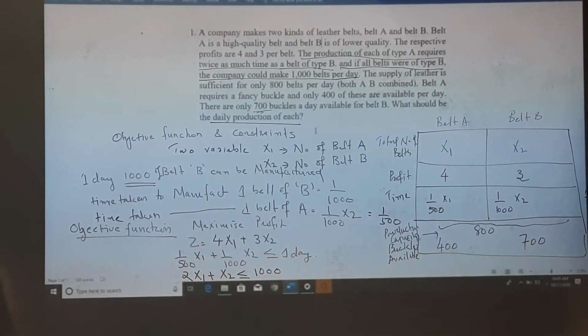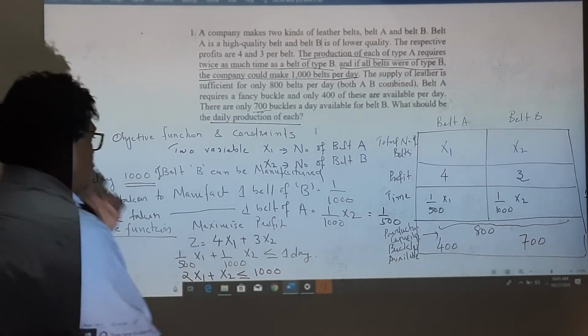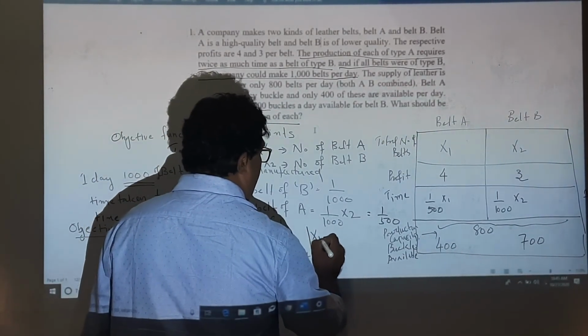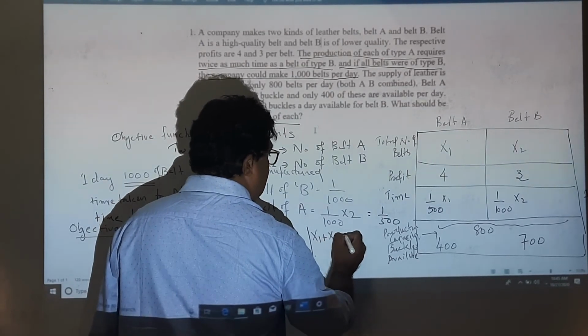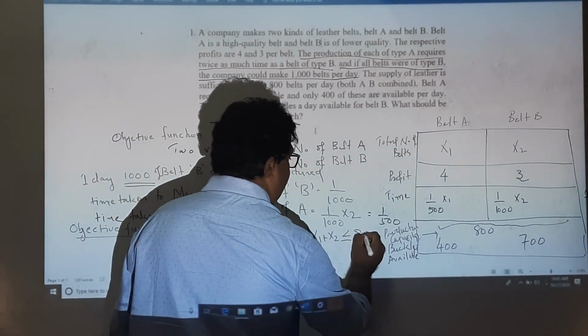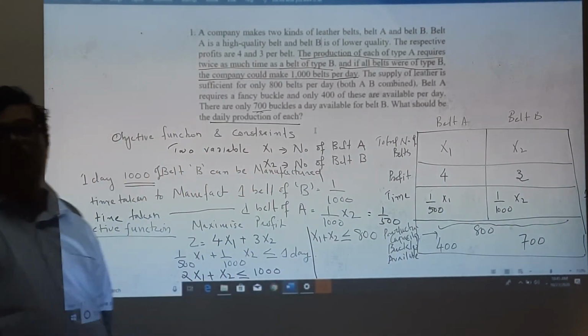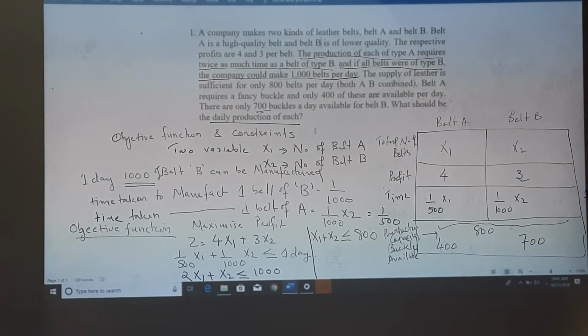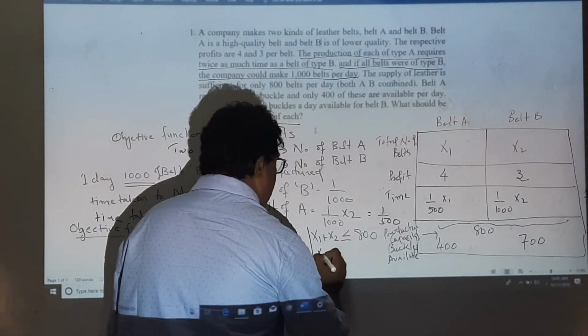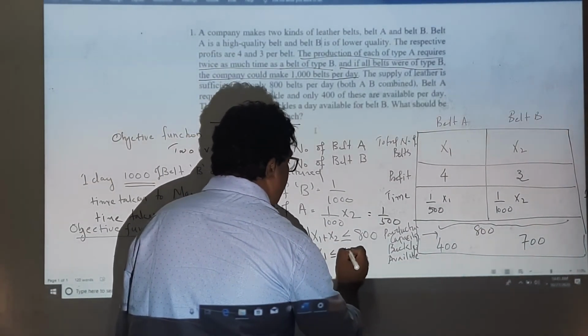Now we have some other constraints. The total number of belts x1 and x2 cannot exceed how much? 800. x1 plus x2 cannot exceed 800 and x1 cannot exceed 400.